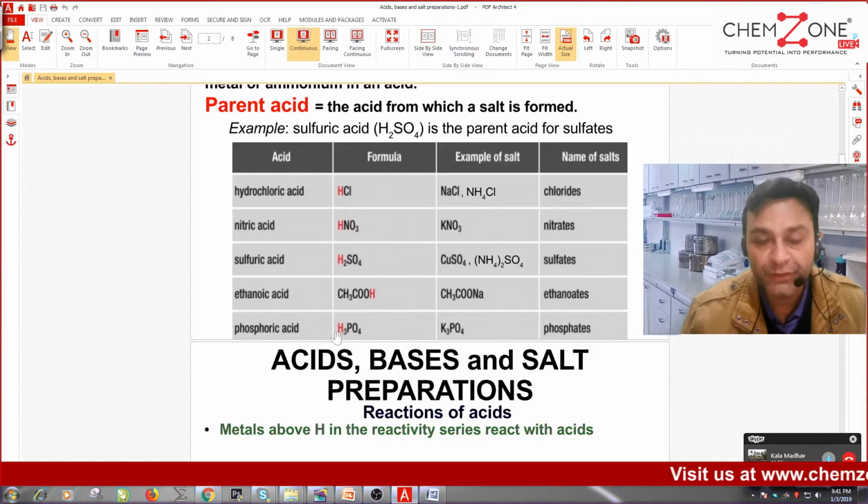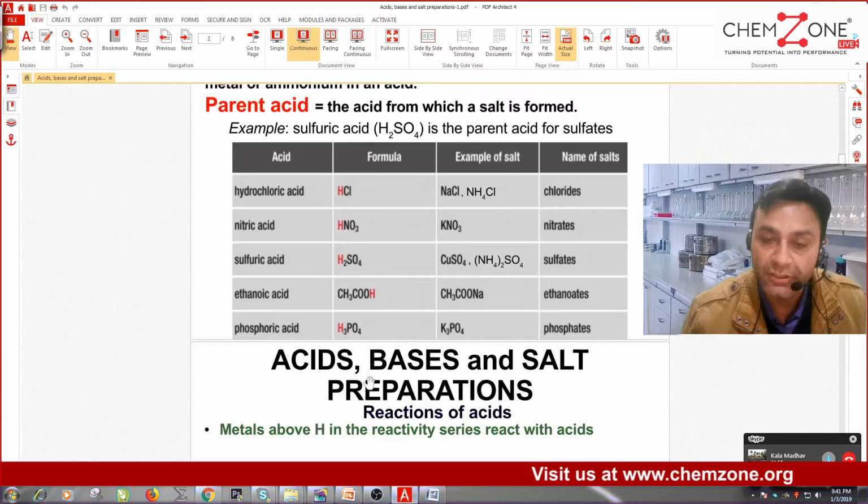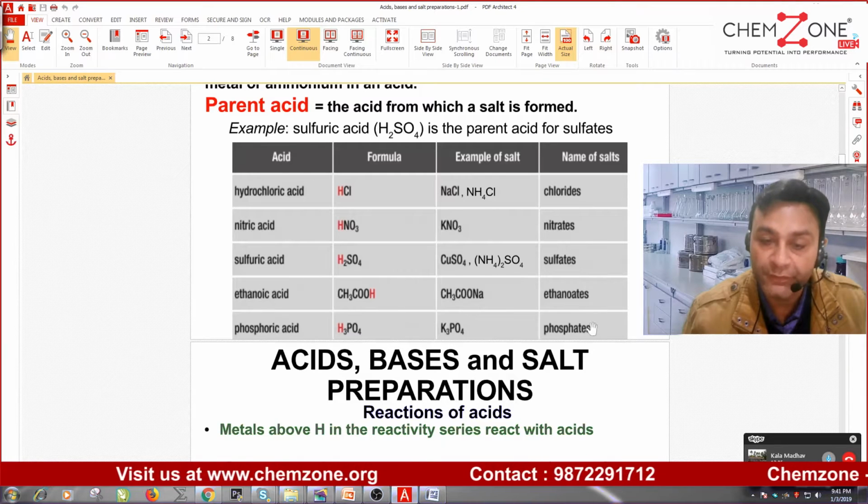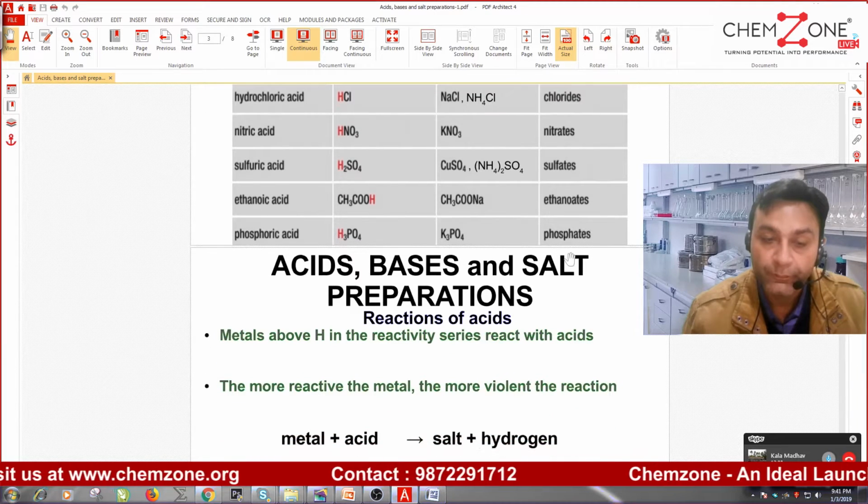So depending upon which acid we are neutralizing it with, it will be called chloride, nitrate, sulfate, phosphate, etc. Right?